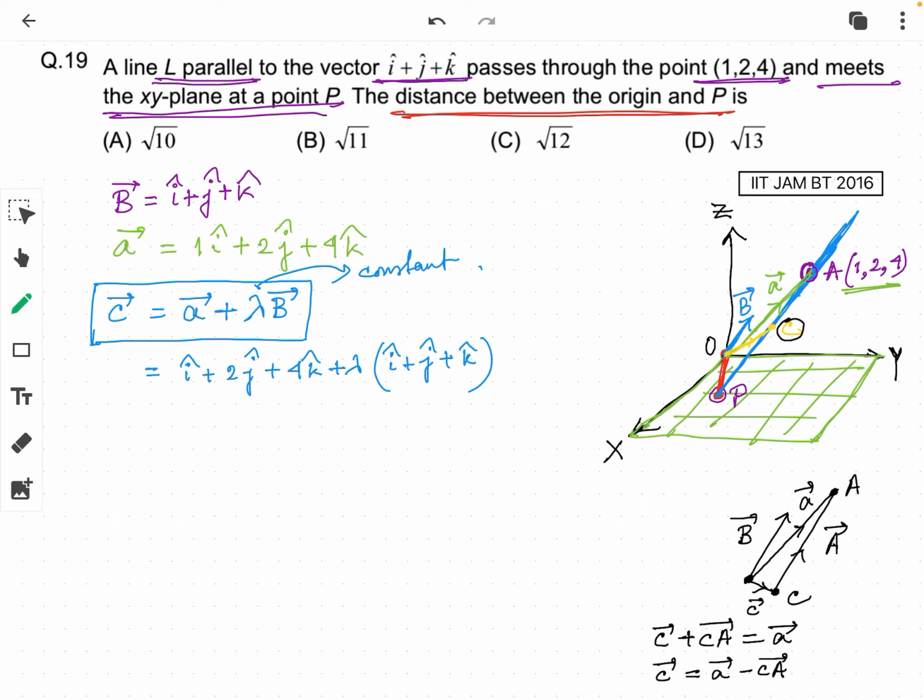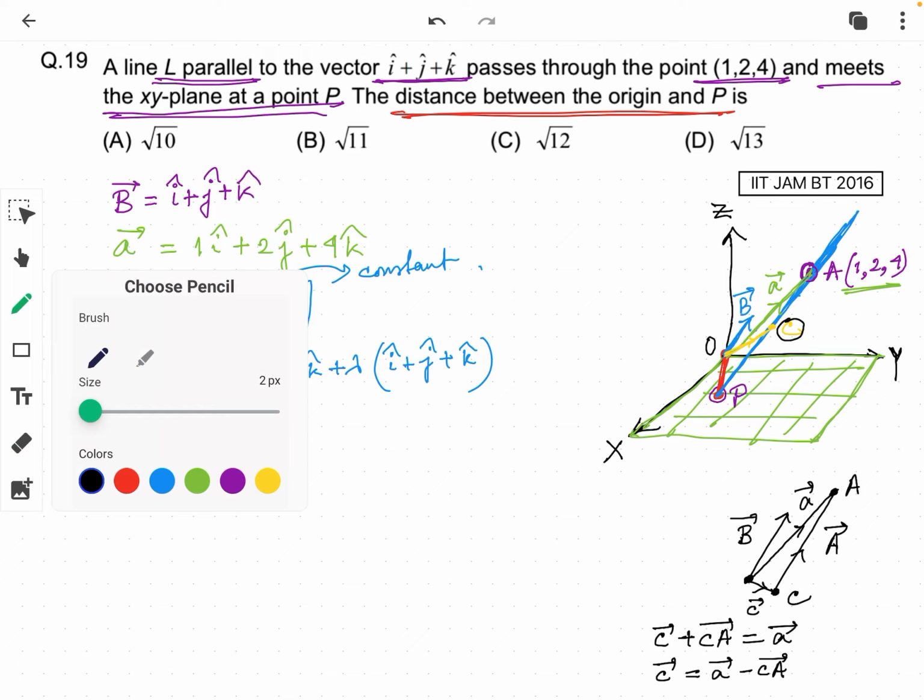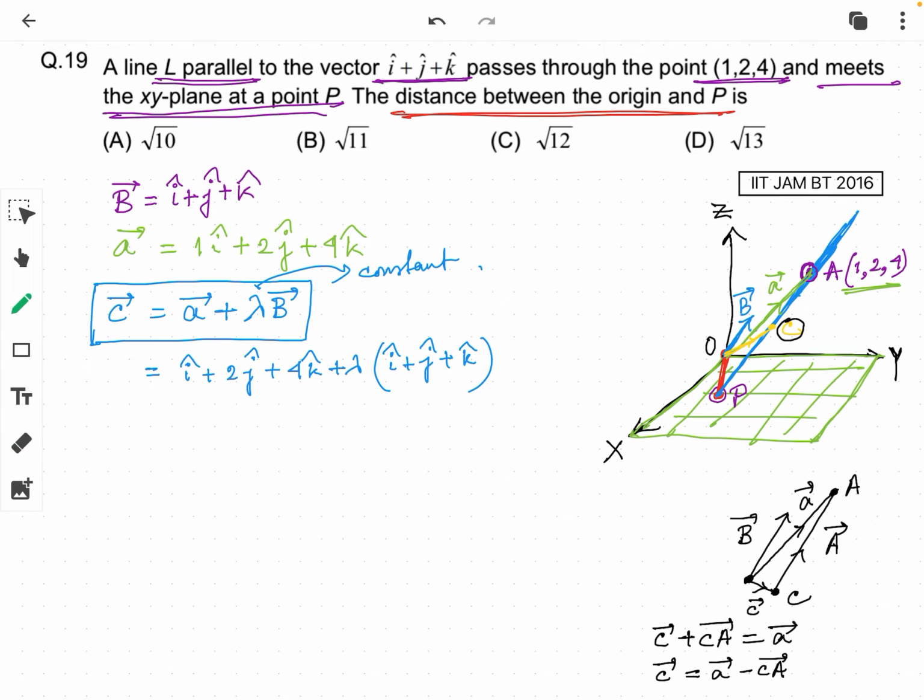Now CA vector is actually this CA. If I again redraw it, this CA is parallel to B. If this is CA vector, it is parallel to B vector.